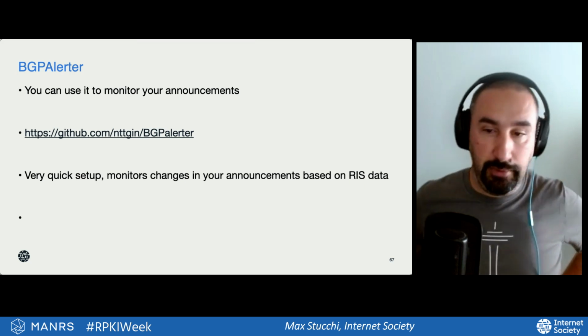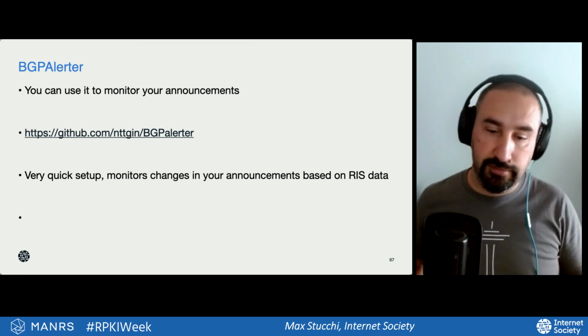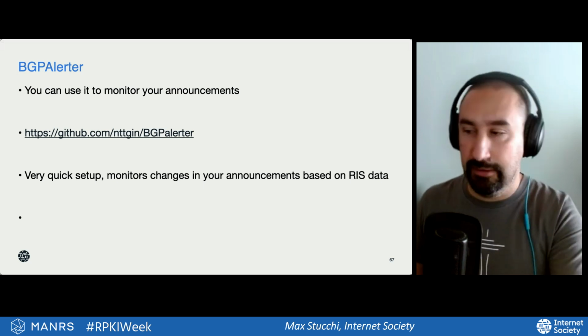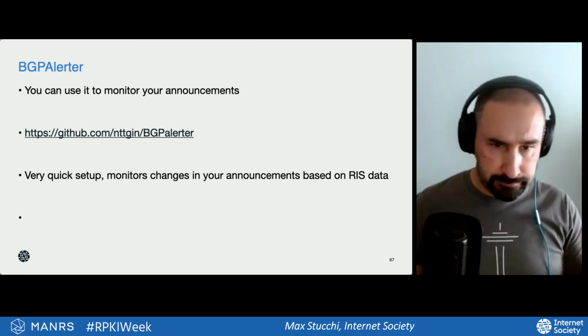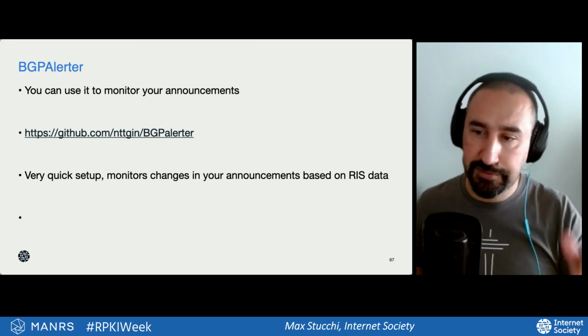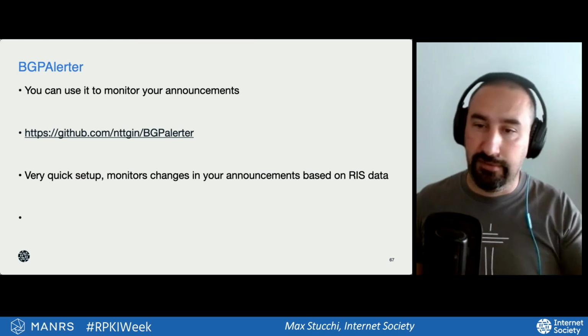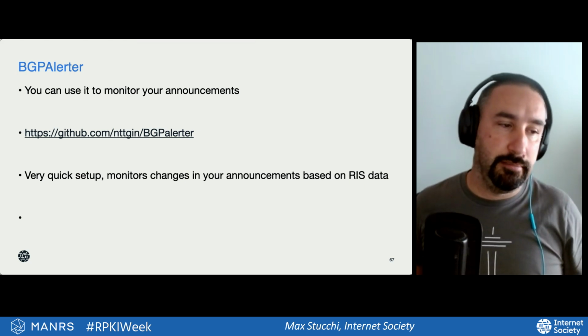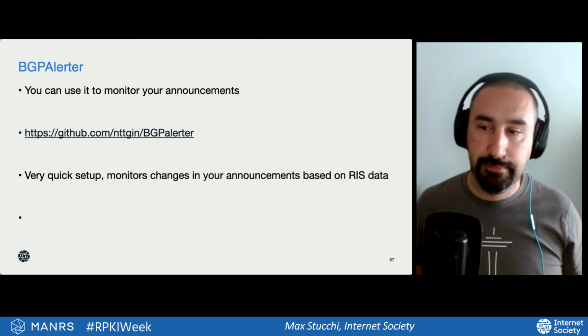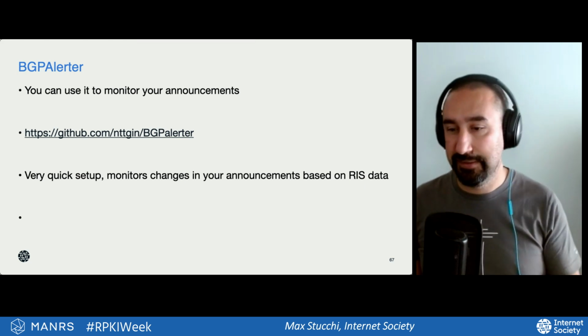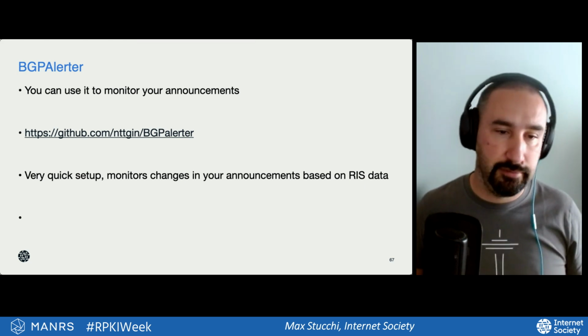The setup is very quick. You download the pre-built binary, you just run it, it asks you questions, what you want to monitor exactly, and then it starts running. And it monitors changes in the announcements based on data from RIS Live, from the streaming API from RIS.